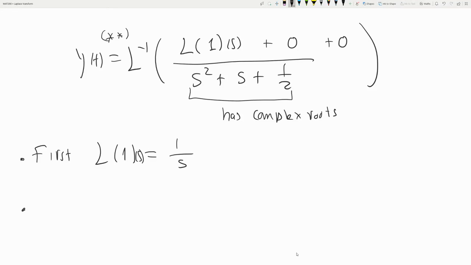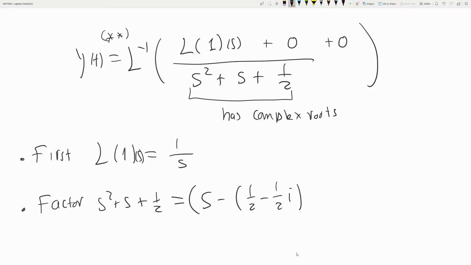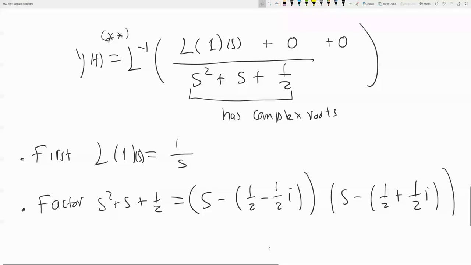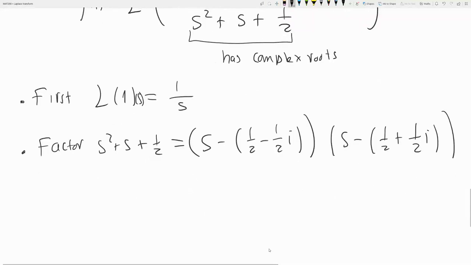That's that. And then we have to factor s squared plus s plus a half. The roots are as follows: s plus a half minus a half i, and s plus a half plus a half i. In other words, if you don't like complex roots, you can write it as s plus a half squared plus 1/4.